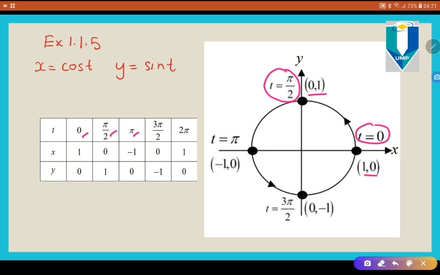And when t equivalent to pi, the point is negative 1, 0. Here, this is the point. And when t equivalent to 3 pi over 2, the point is here, 0, negative 1. So we know that the orientation follows the way that x is increasing. So x increases in this way, and we show this by the arrow here, increasing that way. That will be the orientation. Okay.